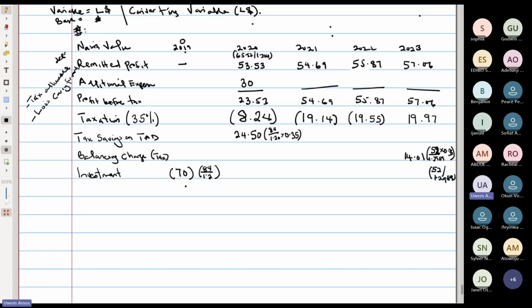So we need to compute the rest quickly. Oh, sorry, we've not brought in the investment part for the last one. So our scrap value investment, 52 divided by 1.2989, is 40.03.